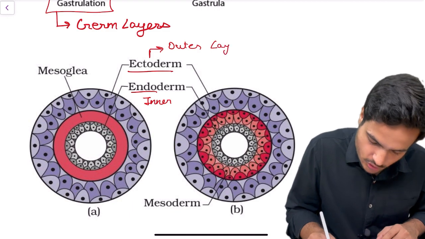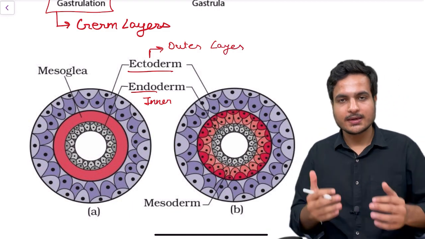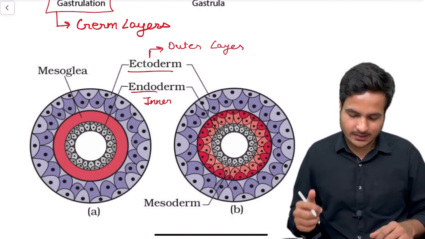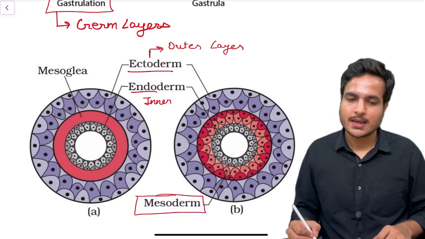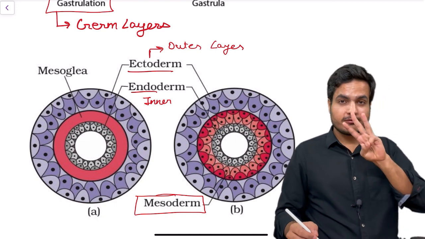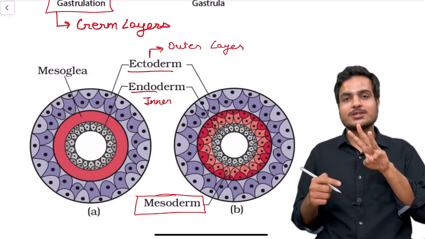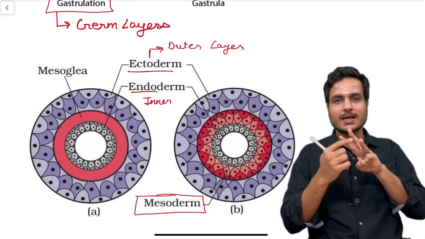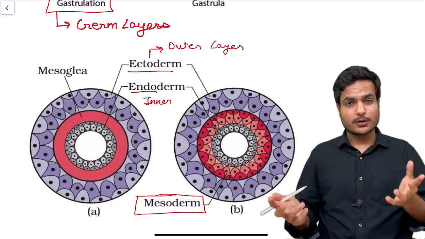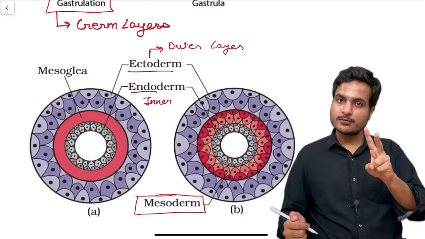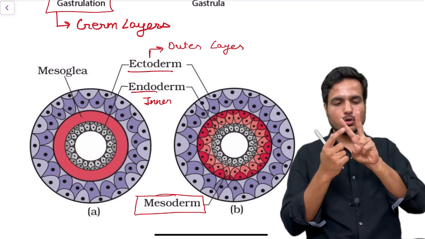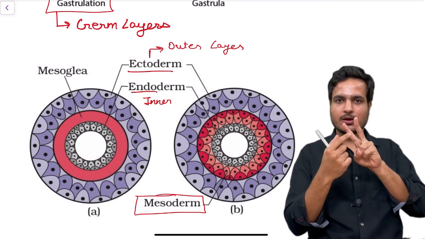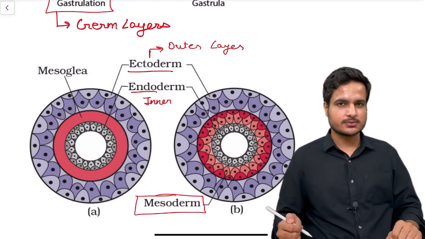So the outer layer is called ectoderm, the inner layer is called endoderm, and a layer which is found between these 2 is called mesoderm. The organisms which have these 3 germ layers are called triploblastic organisms. And the organisms which have only the outer one called ectoderm and the inner one called endoderm, these having 2 germ layers, are called diploblastic organisms.